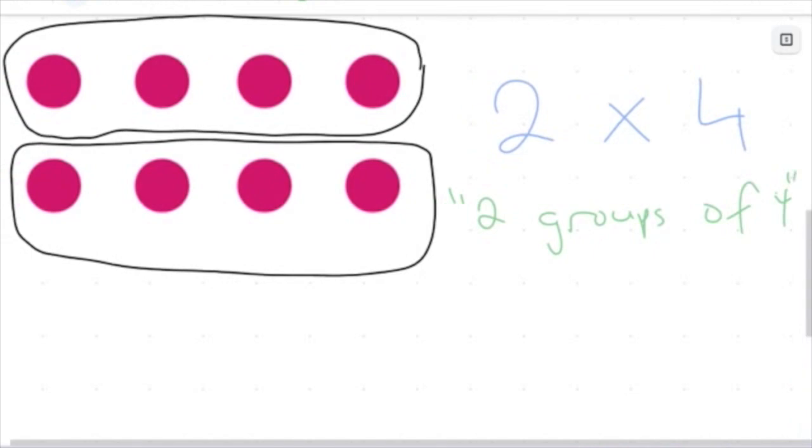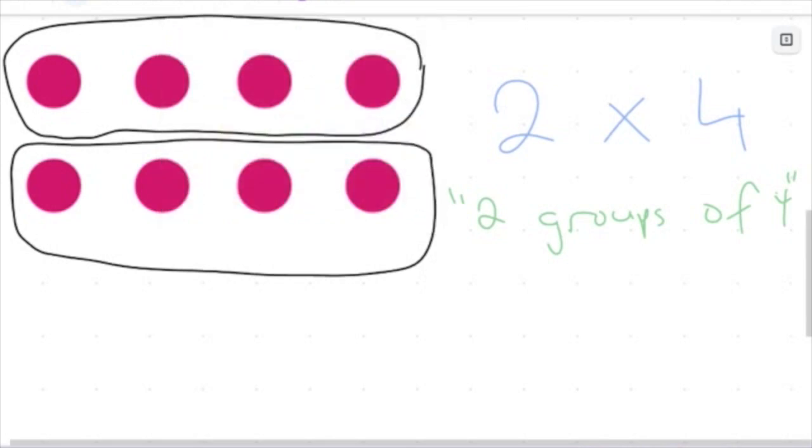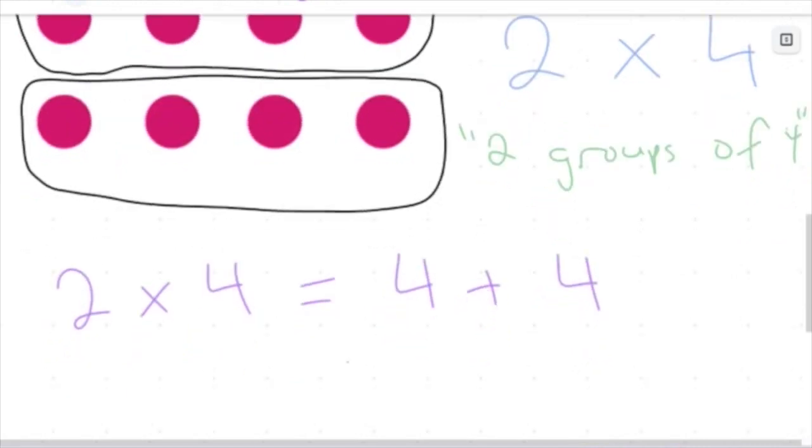Now, if I take 2 lots of 4 or 2 groups of 4, I can just say, well, that's the same as writing 2 times 4 is the same as writing 2 groups of 4. So 4 adding to 4 again. And what does that give me? Well, when I add 4 and 4, that gives me 8.